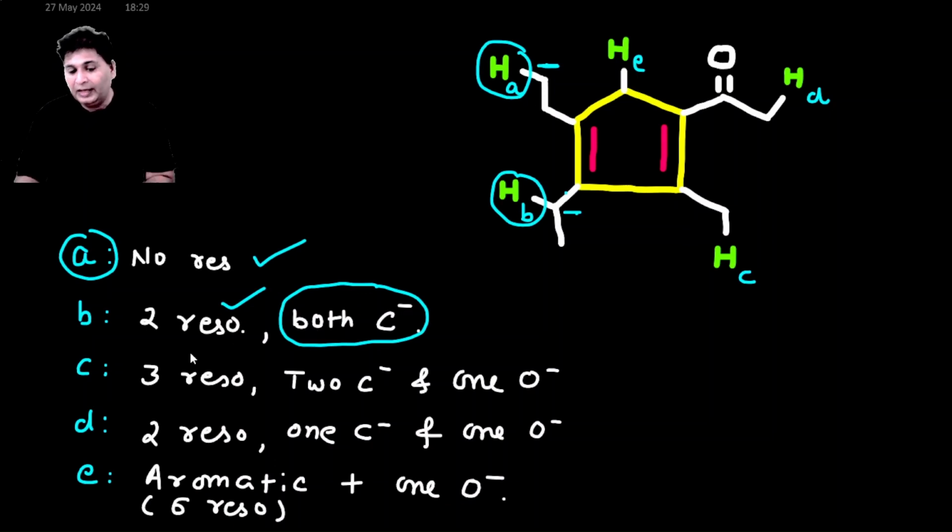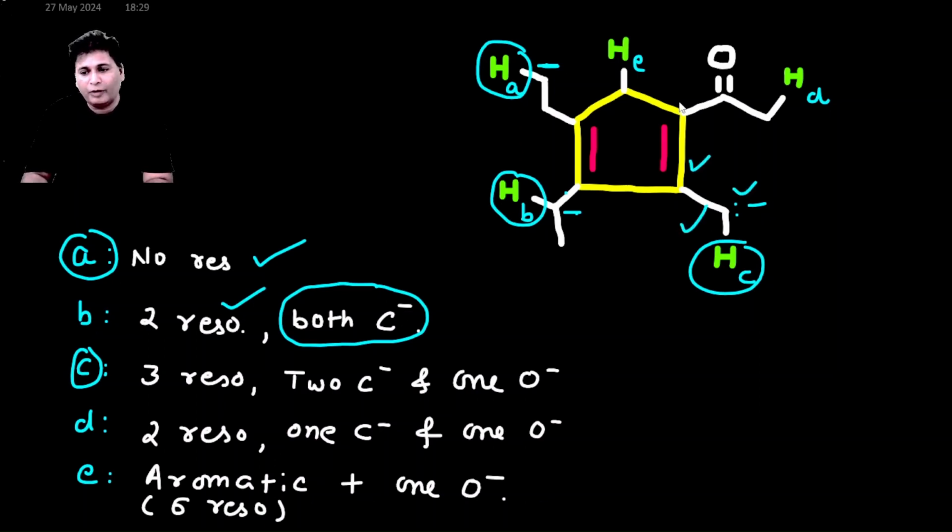So 2 resonating structures you got, and both the structures had minus charge on carbon. Okay. Now coming on to the C hydrogen, this is C hydrogen. Once you remove this, a minus charge comes here and you find a resonance conjugation, minus single double. So a minus will come now here, and again there is a possibility, minus single double. So finally the minus will come on oxygen.